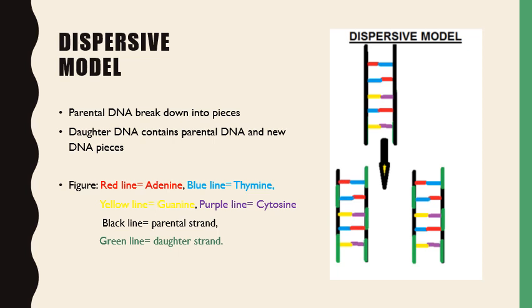As you can see in the picture, green is indicating the daughter strand and black is indicating the parental strand. So these are formed in a complementary manner.